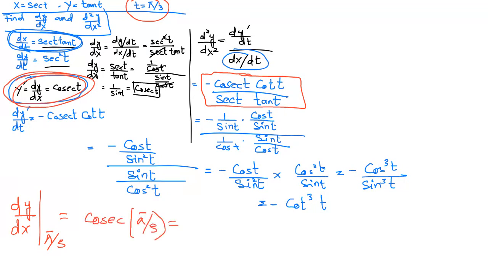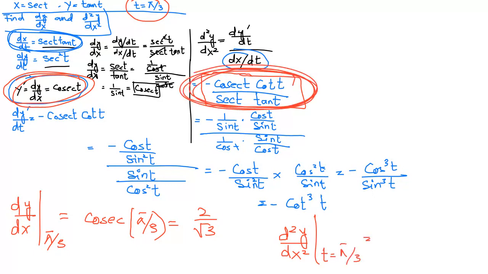When you calculate, cosecant of pi by 3 is equal to 2 divided by square root of 3. For the second derivative, if you substitute the value t equal to pi by 3, you can substitute either in this one, or if you simplify, you can put here. So minus cotangent cube of pi by 3, that is equal to minus 1 over 3, like this one.